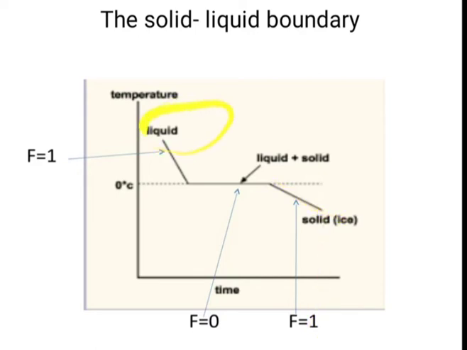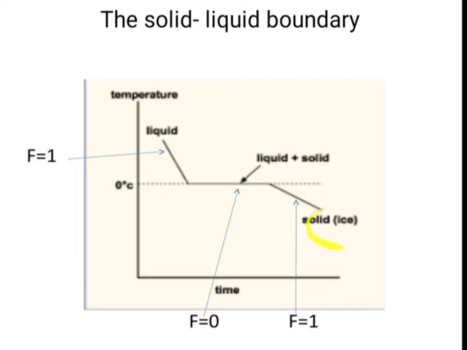So, here phases and variables, two things are different. Liquid is the first phase, then in the middle case liquid plus solid, two phases are there, and for the third only one, ice, that is the solid, is the one phase.